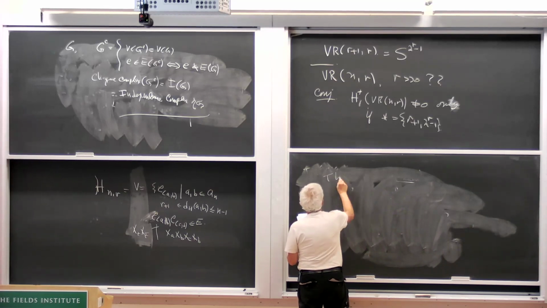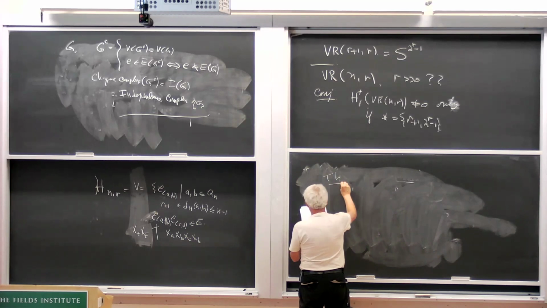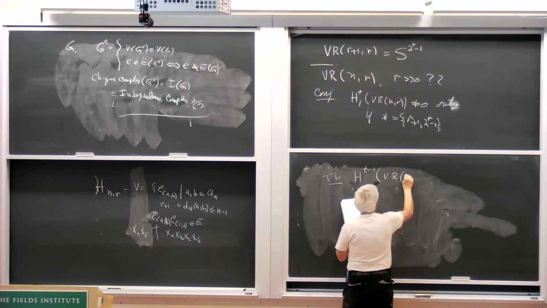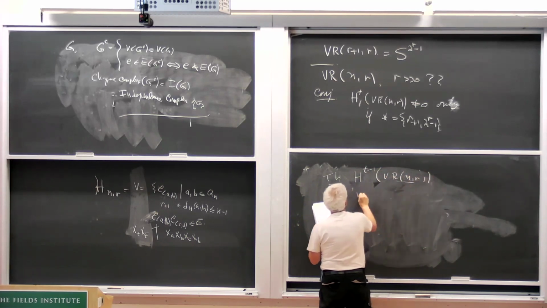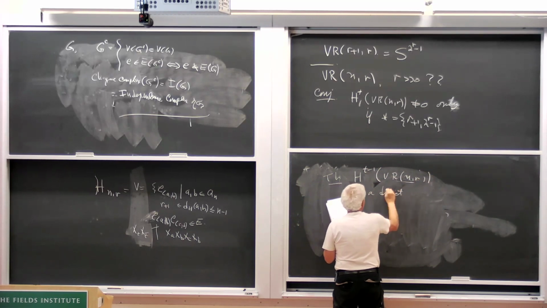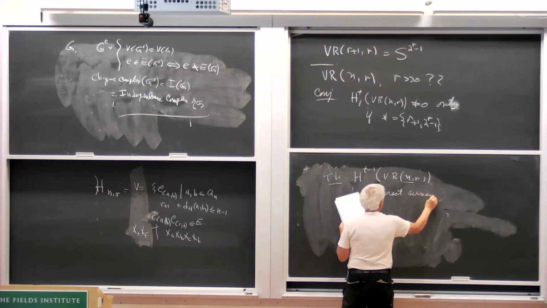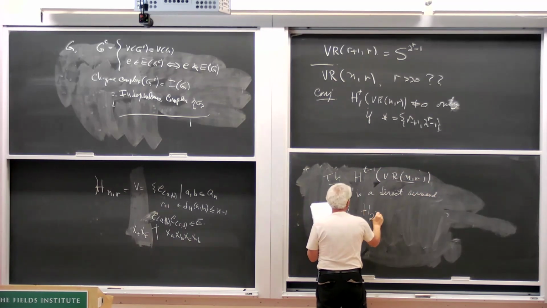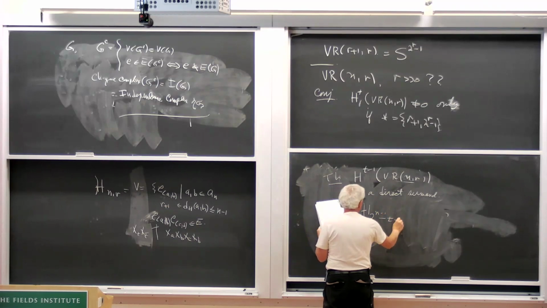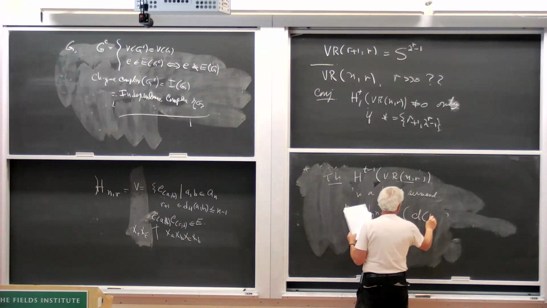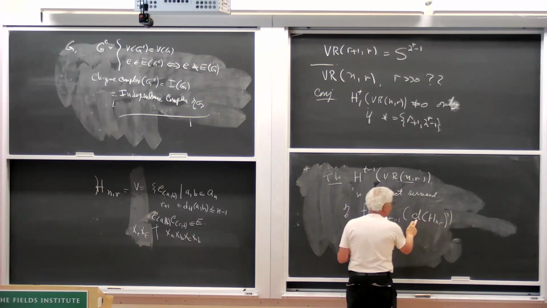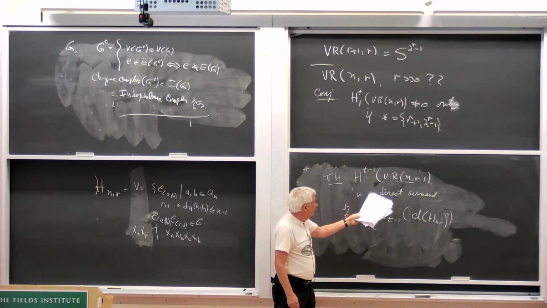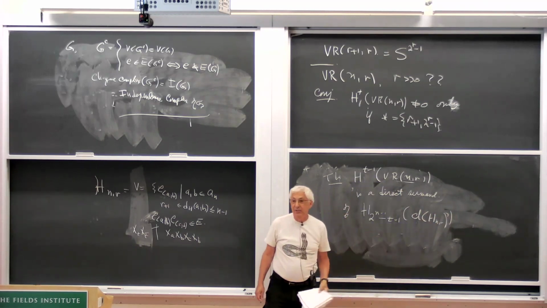The theorem: the T minus first cohomology of VR and R is a direct summand of the cohomology of the clique complex of that graph with the shift. The cohomology we were interested in is the direct summand of the cohomology of the simplicial complex.